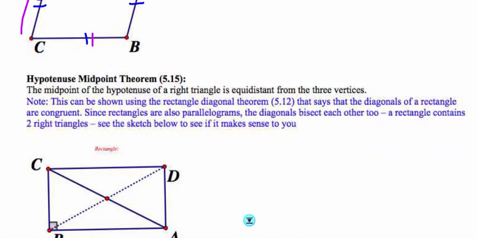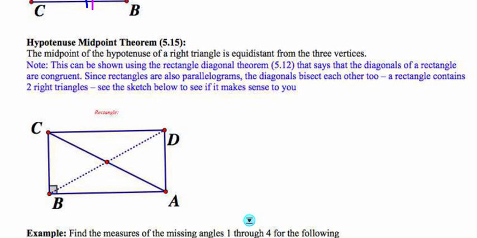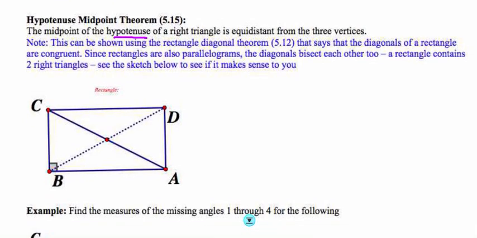Okay, and the last theorem for the lesson is the hypotenuse midpoint theorem, and the hypotenuse midpoint theorem states that the midpoint of the hypotenuse, remember the hypotenuse is the side opposite the 90-degree angle in a right triangle, is equidistant from the three vertices.